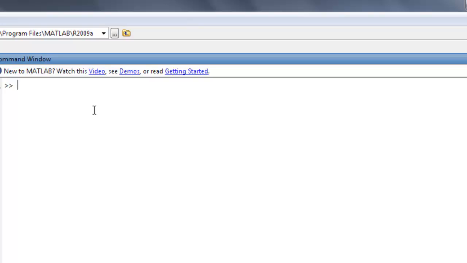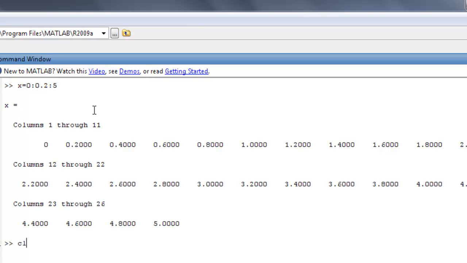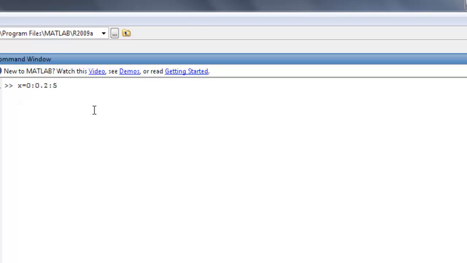So I define two values, x is equal to from 0 to 5 with a fixed step difference, terminate it here, and I define a value y, which would be an exponential function of x, e to the power x.